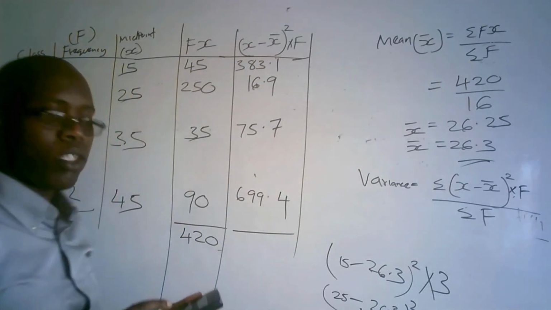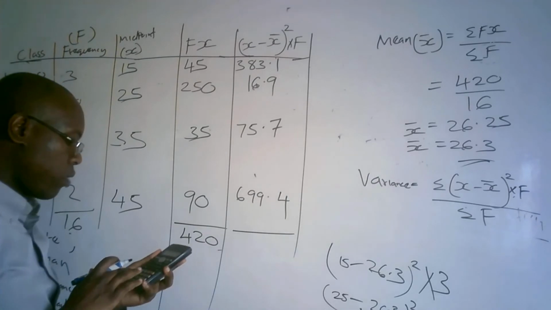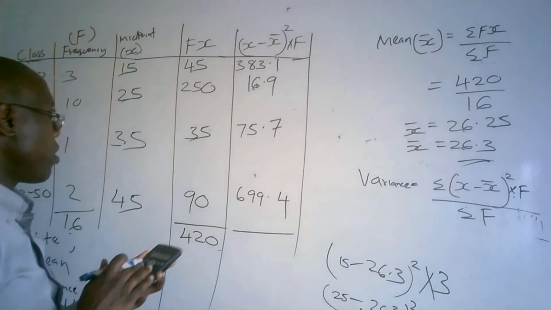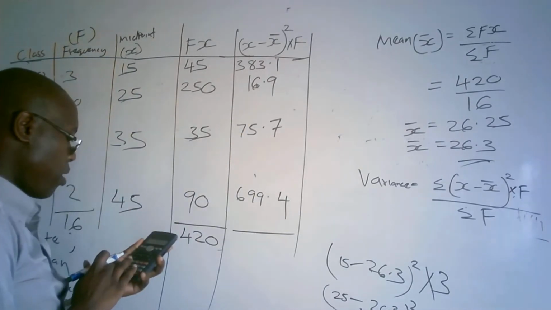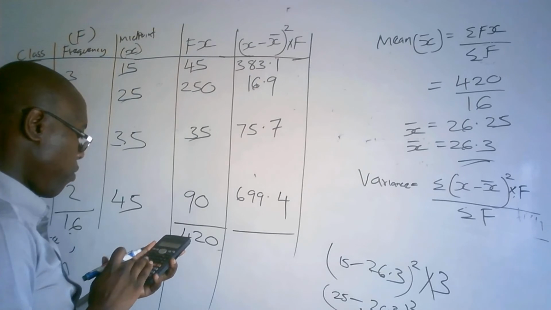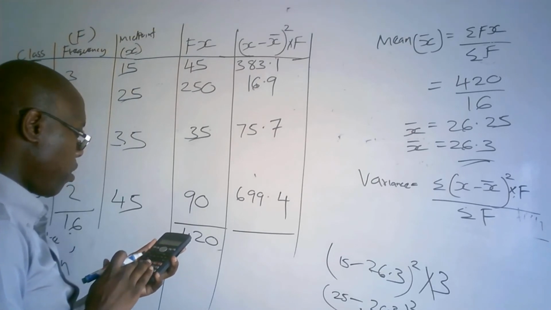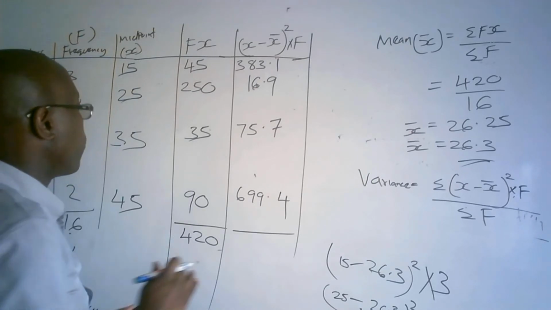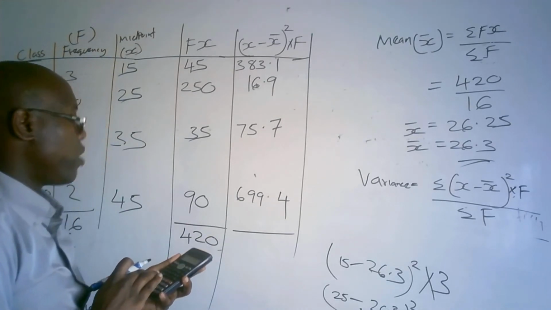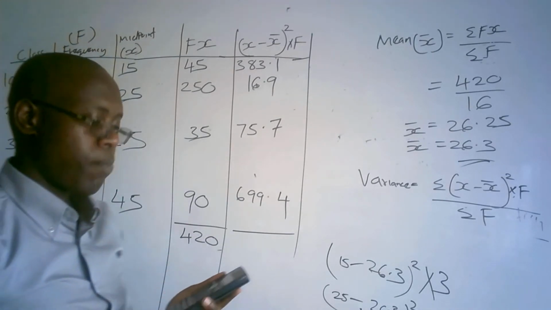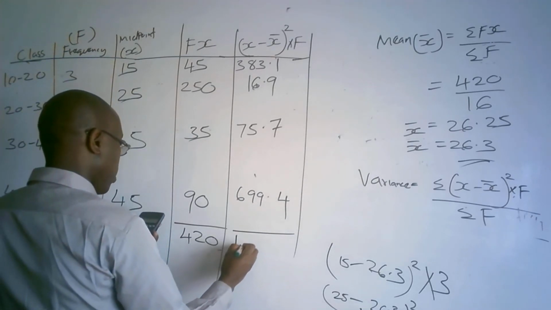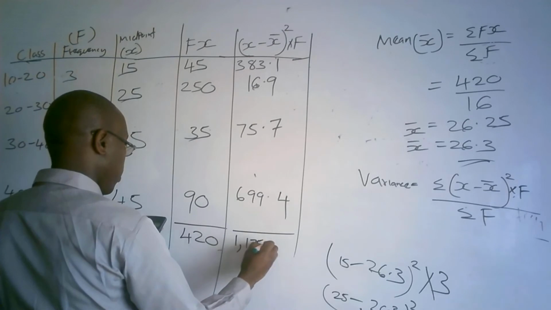I'm going to take 383.1, add 16.9, and then plus 75.7, and then you add 699.4. So if you sum it up, it's going to give you 1,175.1.